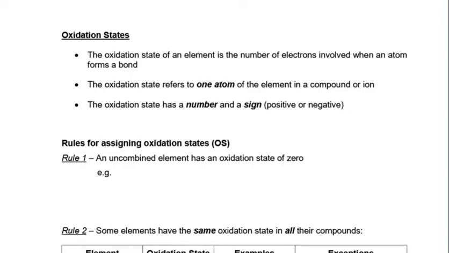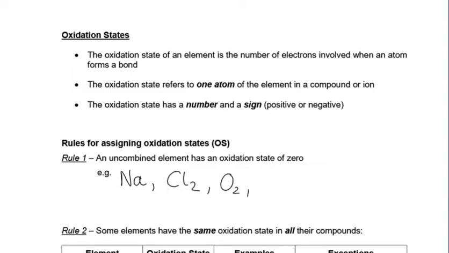Okay, so rule number 1 is uncombined elements. When atoms join to themselves, we don't count those bonds. So uncombined elements have an oxidation state of 0. If we just look at an element like sodium, it isn't forming any bonds, so we say that element is oxidation state 0. Even in something like Cl2, each Cl is still 0 because it's an element.